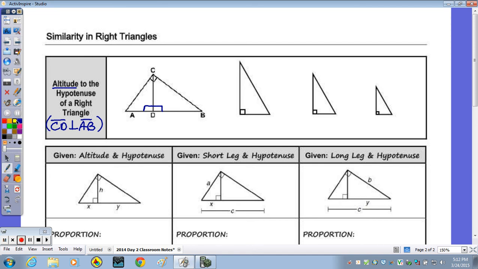We have the largest one here, so I'll highlight that in orange. So I drew that first. Here's the largest one, and then they get smaller as you move to the right. Notice I put them all so that they are facing the same direction. Okay? So I have the longer leg to the short leg to the hypotenuse.